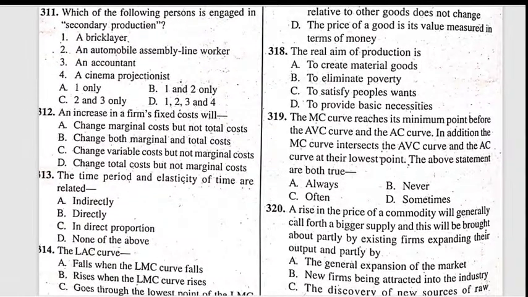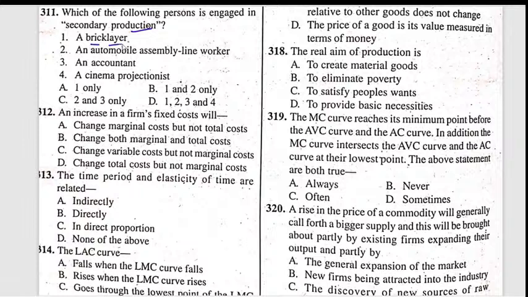Which of the following persons is engaged in secondary production? Primary is that which is connected to nature, agriculture, and secondary is that which is manufacturing.